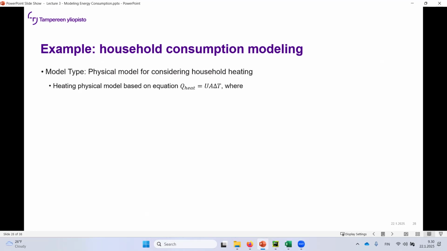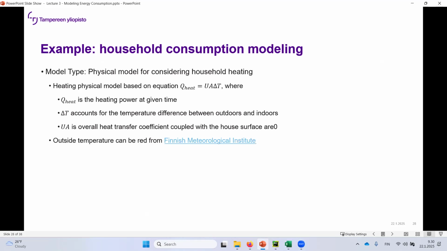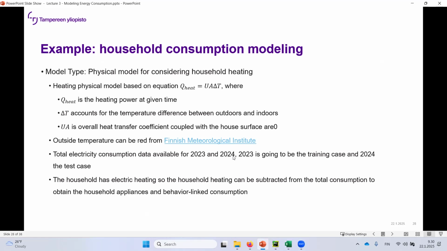So I can subtract the effect of the heating from my energy consumption. Outside temperature is read from the Finnish Meteorological Institute site, and this 23 is going to be the training data, and 24 is something we'll be testing it on.